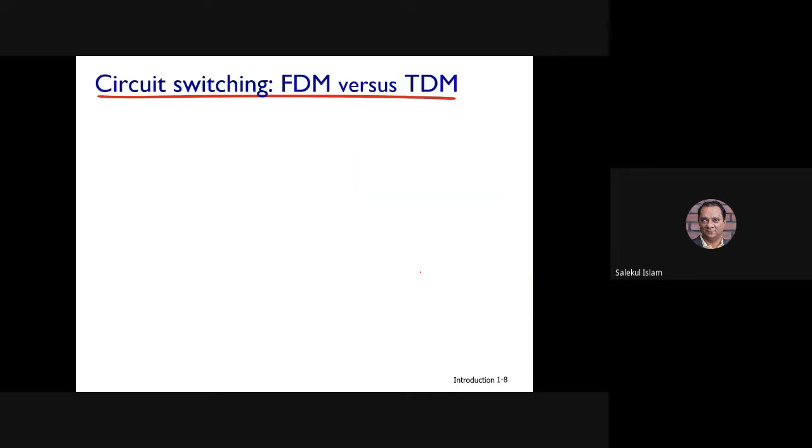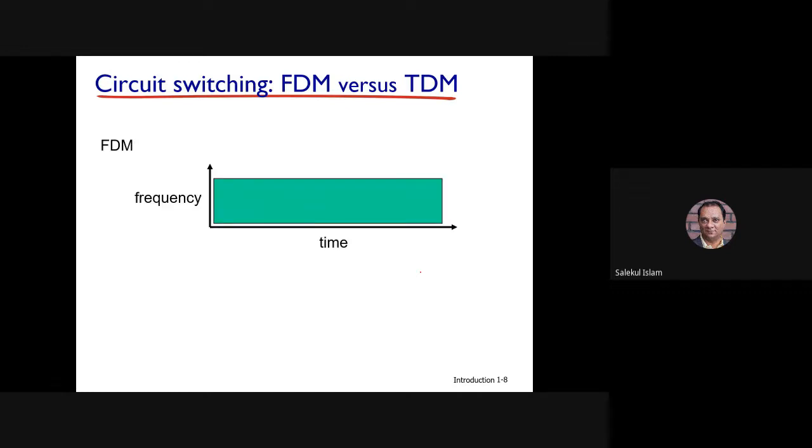So there are two types of multiplexing. One is FDM. FDM is frequency division multiplexing, where the whole frequency is divided into sub bands. So say for example there are 4 users, so you divide the whole frequency into 4 divisions.